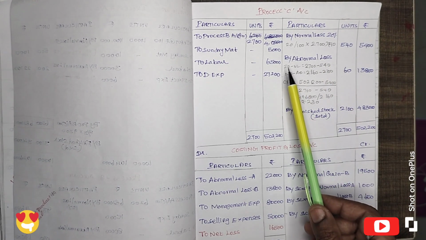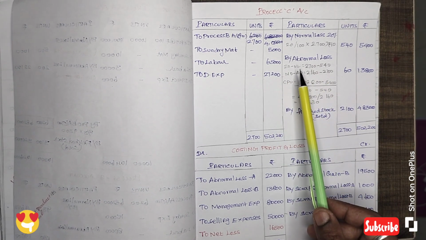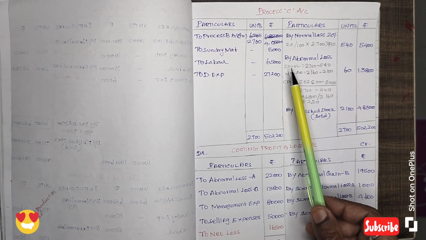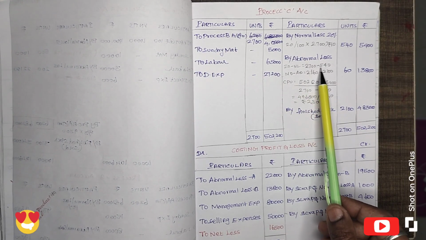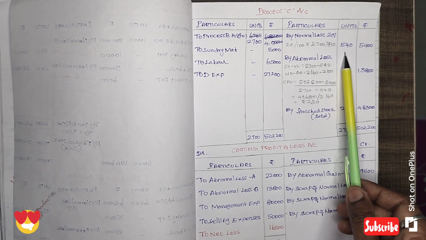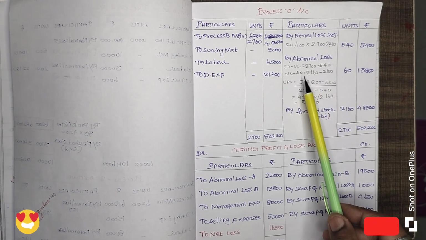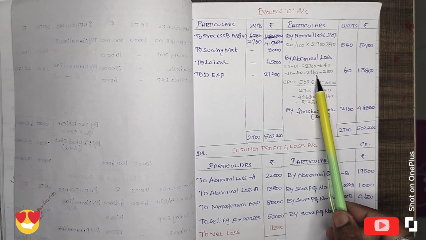Okay, then find out whether process C has an abnormal loss or gain. There is a format to find out whether it is an abnormal loss or gain. Input units subtracted by the normal loss units, you will get the normal output, 2,160 units.